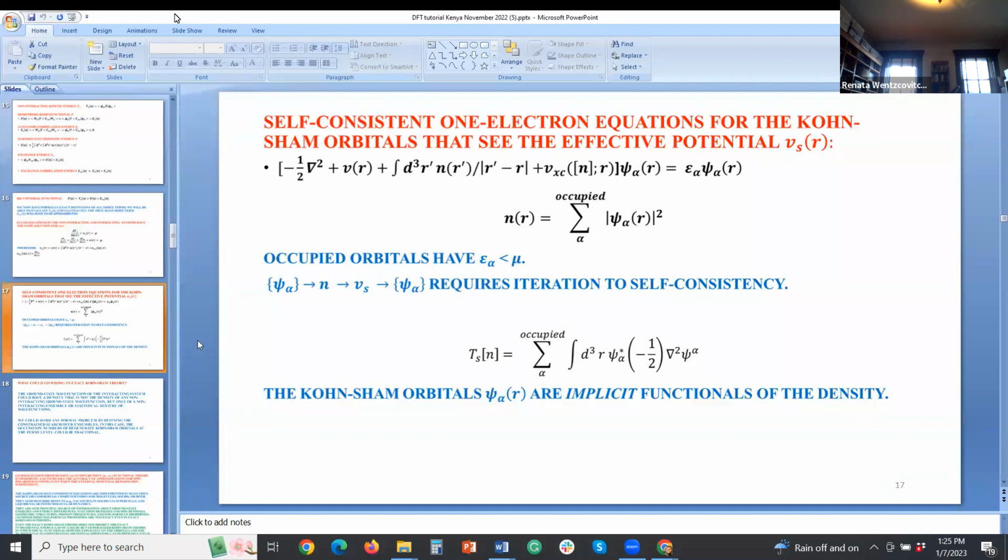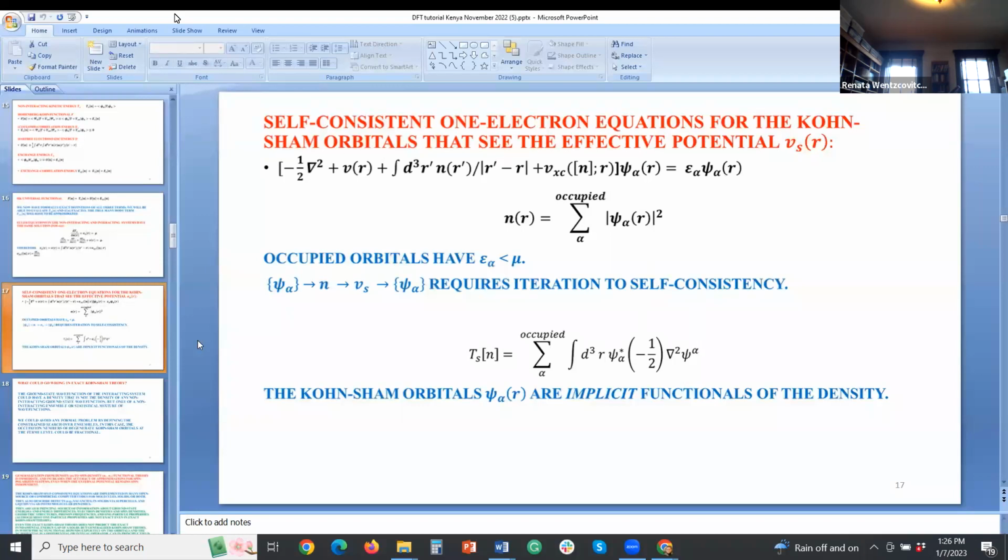A particular Kohn-Sham orbital psi alpha of R has a one-electron Hamiltonian, which consists of a one-electron kinetic energy operator, the external potential, the Hartree electrostatic potential from the total electron density, and the exchange correlation potential at position R.